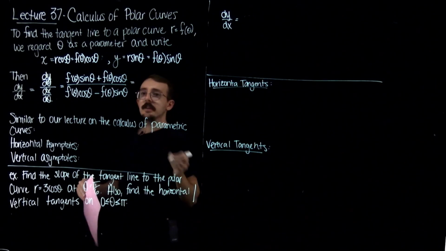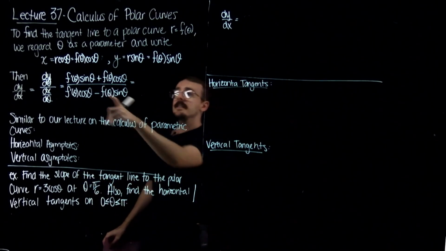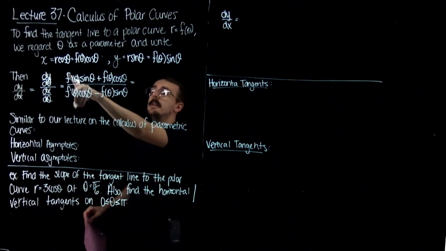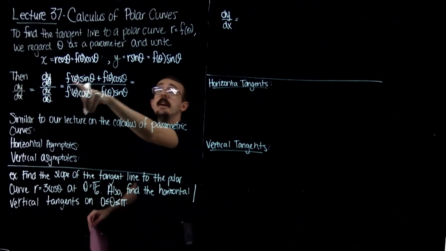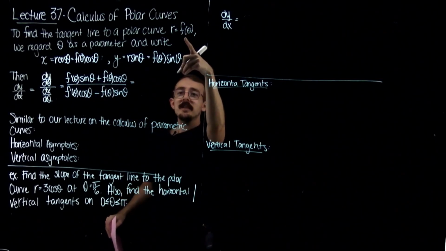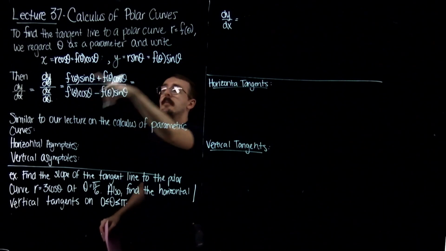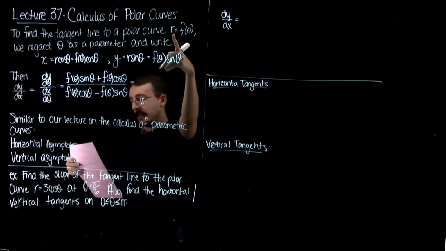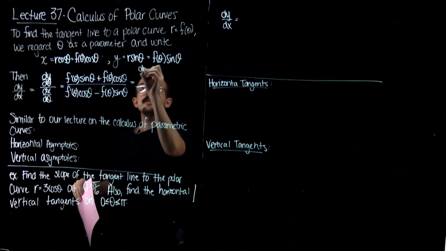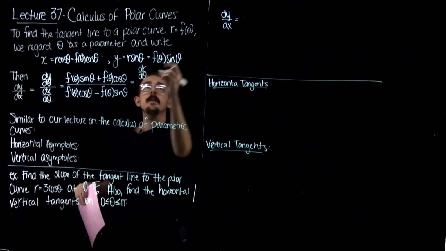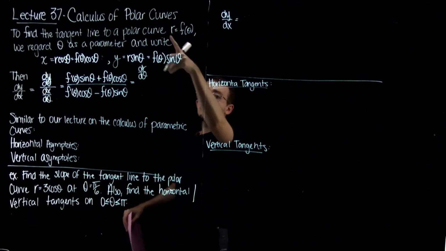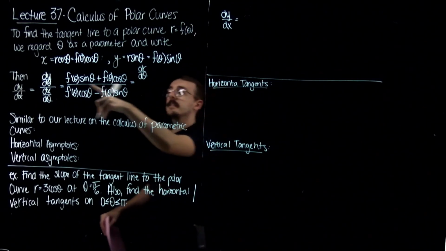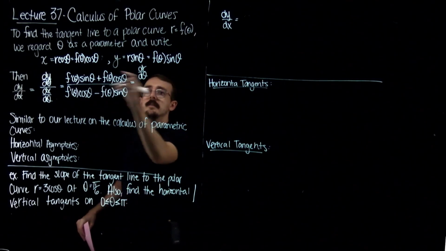And then finally, what I could do is rewrite this in different notation. So what is f prime of theta? Well, it's the derivative of f. So actually what we have here is dr d theta. That's another way of saying the derivative of r with respect to theta is dr d theta. So that's another way to write this.